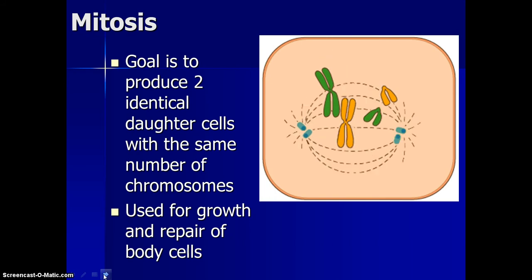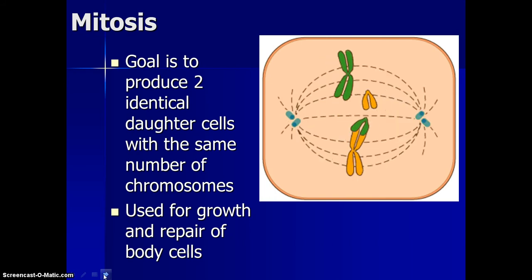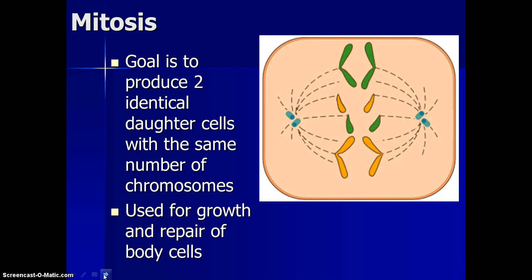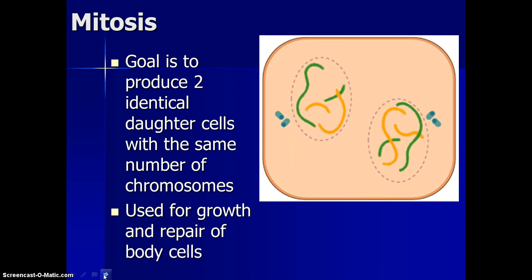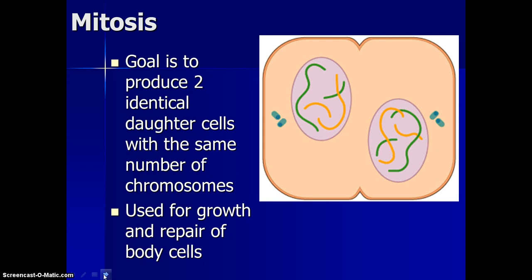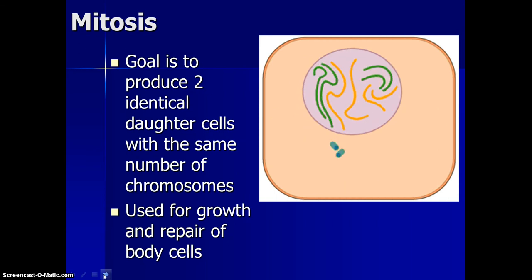Don't forget, the cell cycle will not work unless there's a need. And again, those needs are for repair or growth of a body cell. The animation is showing mitosis, which we will break down shortly.